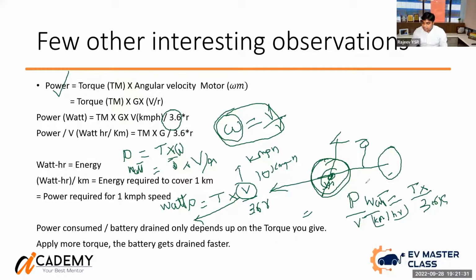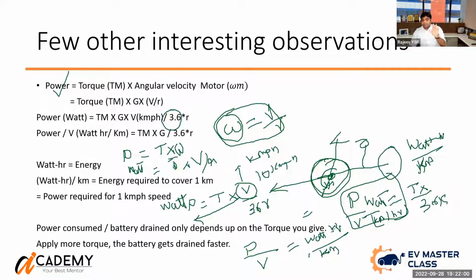Now, when you put this rightly, how does it become? It becomes watt hour per kilometer. Am I right? Correct? No, this kilometers per hour, this R gets into the numerator. So basically, the P by V units is nothing but watt hour per kilometer.